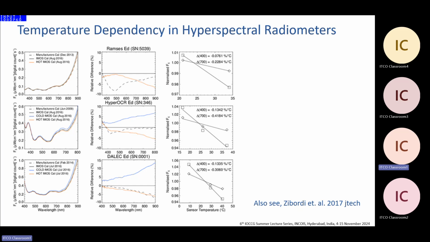You may take a bunch of hyper-OCR instruments and do the same intercomparison, and you would again have a spread of values, even though they are all the same. But as Matt said, there are small manufacturing differences, and they might not have been calibrated exactly the same way.